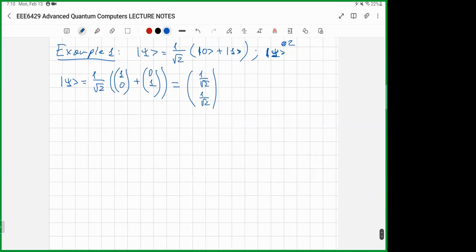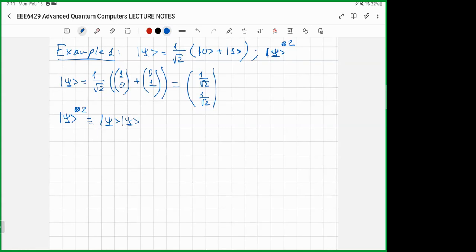Now this tensor power of the vector by itself is nothing but the product of the vector by itself.